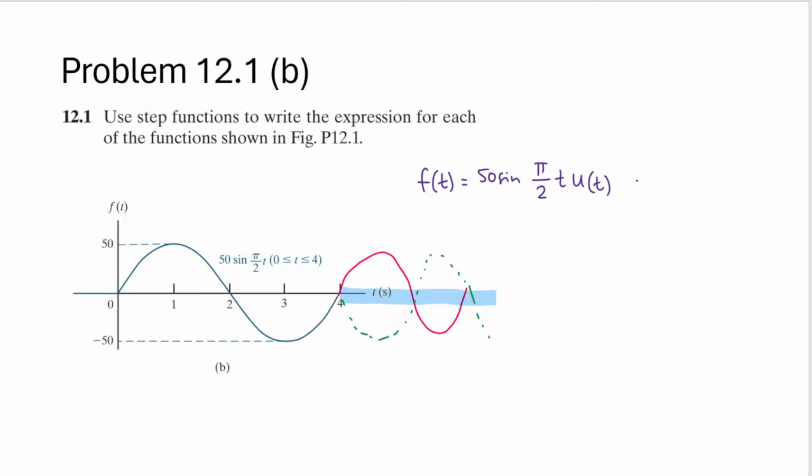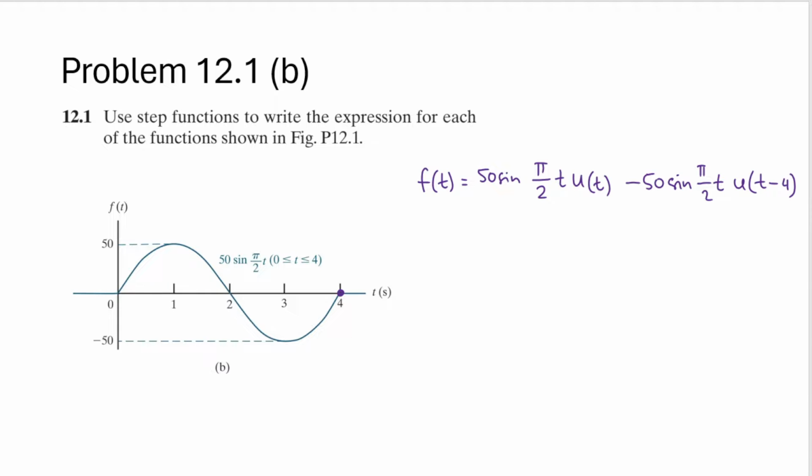So we need to subtract minus 50 sine pi over 2 of t multiplied by u(t minus 4), because it starts at 4. Okay, now let's clear this up, and this is the answer for problem B. Now let's check it out in MATLAB.